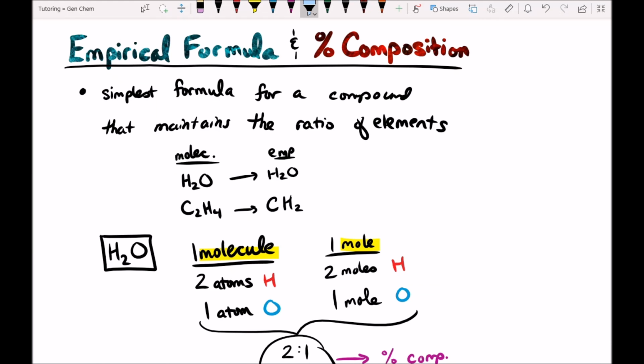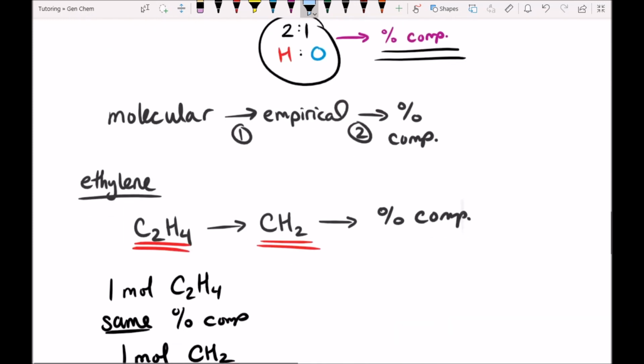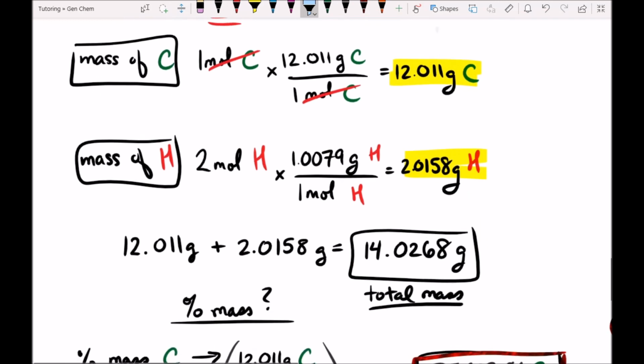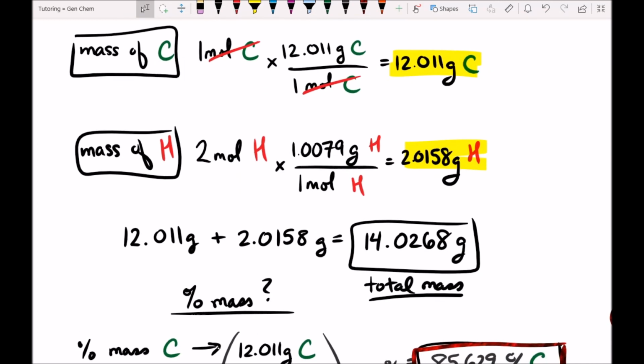So to review, we're going to use the empirical formula, which is the simplest formula that maintains the ratio of elements in a compound. If we're given the molecular formula, we'll find the empirical formula and then calculate the percent composition by element. And to do that, we're going to calculate the mass of each kind of element. So in ethylene, we have carbon and hydrogen. So we're going to calculate the mass of carbon and hydrogen in 1 mole of ethylene, simplified to CH2, the empirical formula.